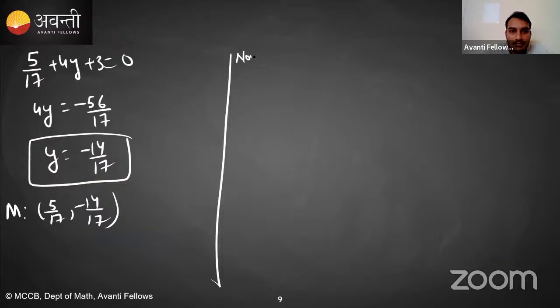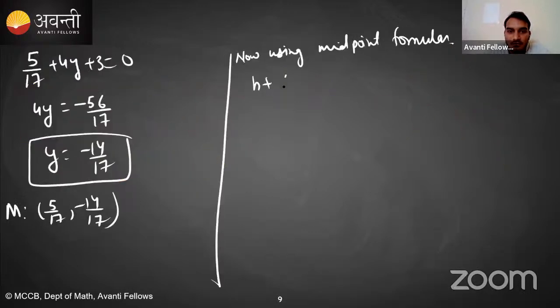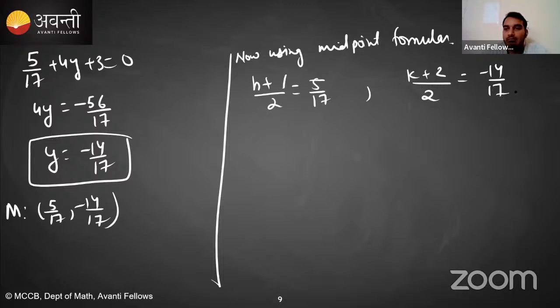Now using the midpoint formula, what will I get? h plus 1 by 2 is nothing but the x coordinate of M, which is 5 by 17. k plus 2 by 2 is nothing but the y coordinate of point M. So h is nothing but 10 by 17 minus 1, which is minus 7 upon 17.